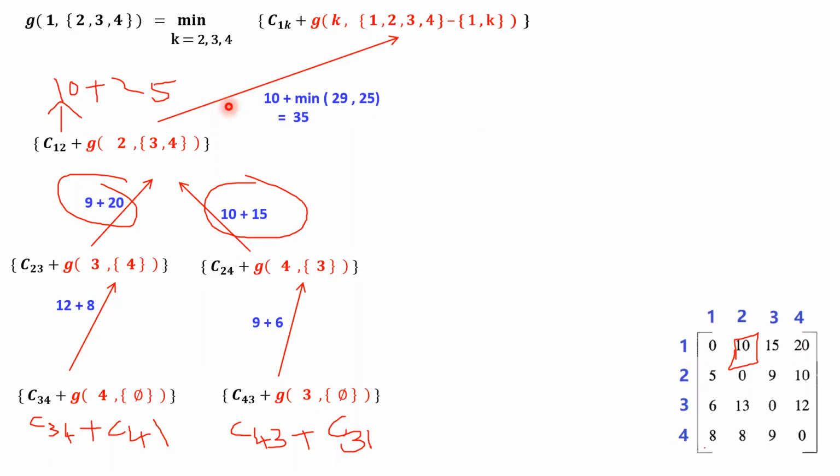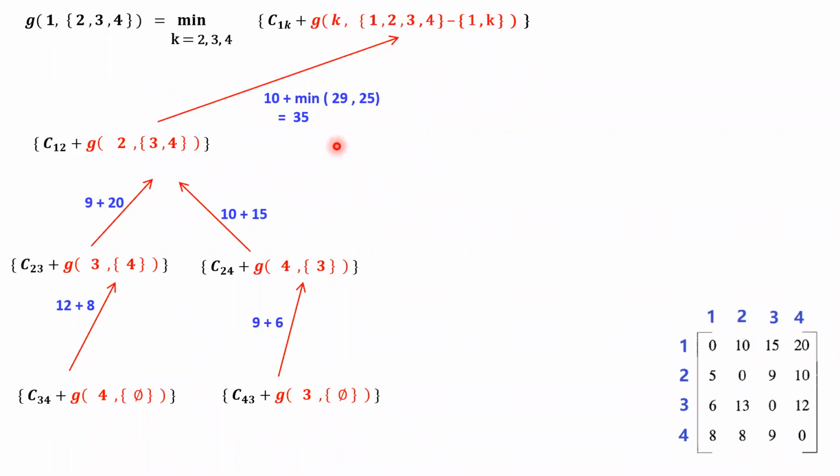It is the value 10 plus the minimum of the left side path or the right side path, whichever path is shortest, that you will take, and this is 35. Okay, now I have found out these values on the left side branch where K value is 2.